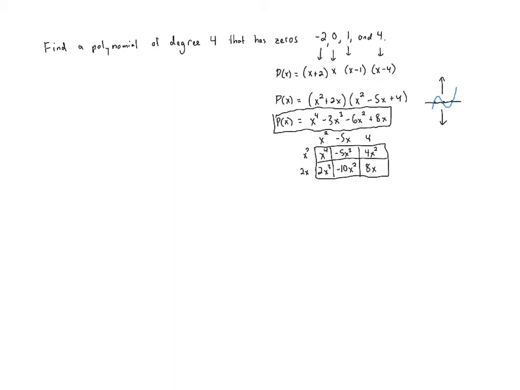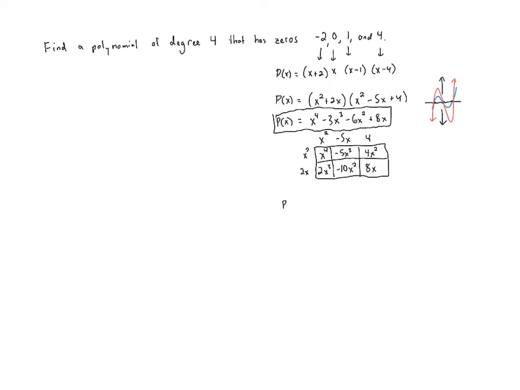So if we wanted to do a vertical stretch or a shrink, that would give us another polynomial with the same zeros. So we could stretch this vertically by a factor of 2.